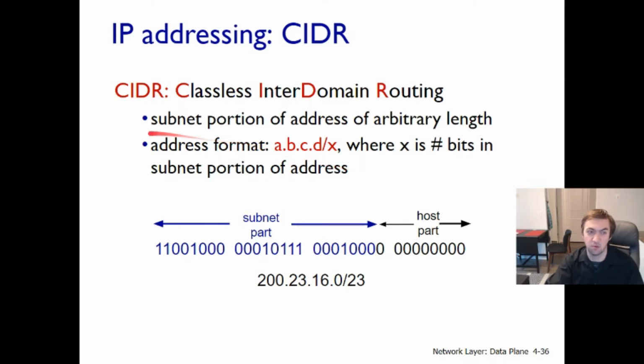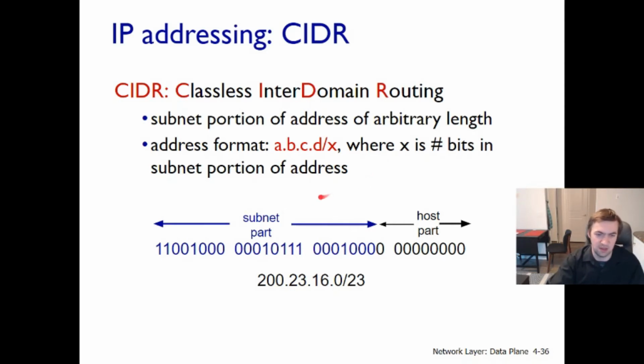Now, how do we know which bits denote the subnet part and which bits denote the hosts? One way to do this is using CIDR, which stands for Classless Interdomain Routing. The subnet portion of the address can have any arbitrary length, up to 32 bits. The address format looks like number.number.number.number/x, and x is the number of bits in the subnet portion of the address.